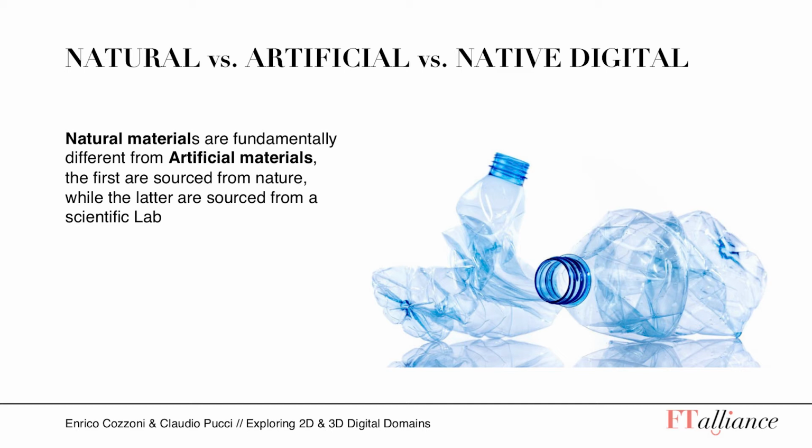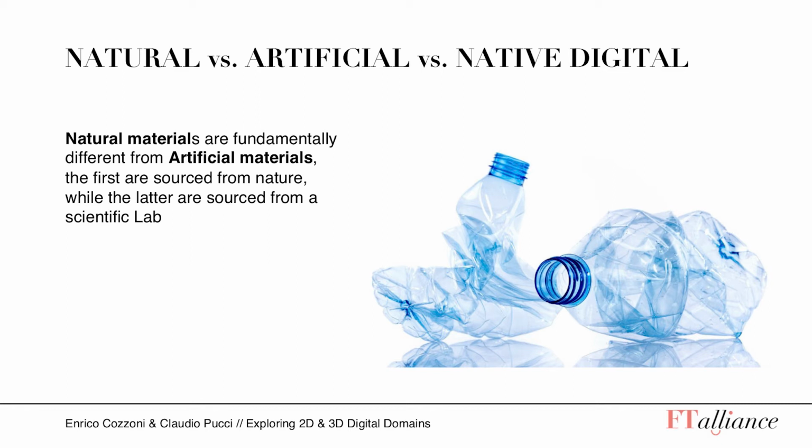We can consider at least three different types of material, speaking in terms of digitalizing material: natural material, artificial material, and native digital material. By natural material, we intend anything that comes from nature without any processing, or where the processing is reduced. All these materials are mainly sourced from nature.